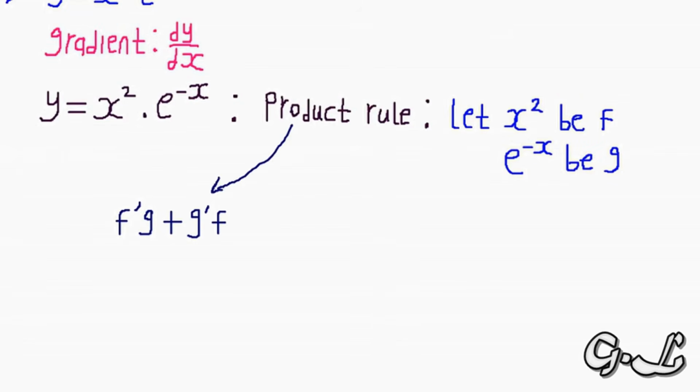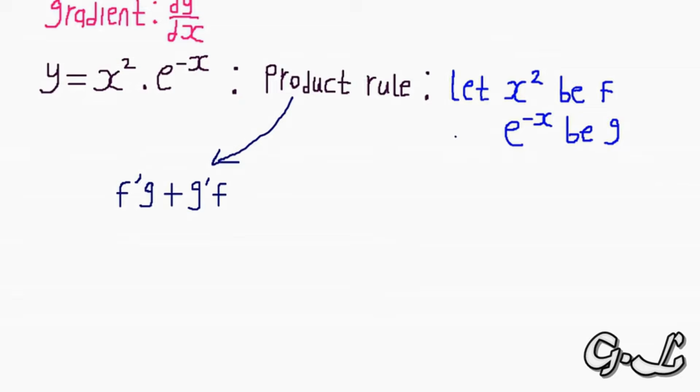So now what do these mean? We have the expression f prime, and we also have the expression g prime. What do they mean when we say f prime or g prime? Just know that they are talking about the derivative of that expression. They want you to differentiate that expression.